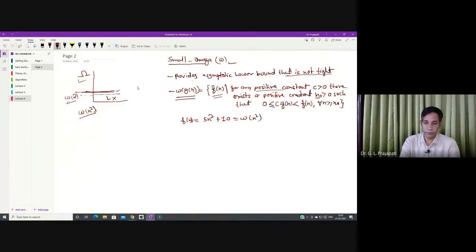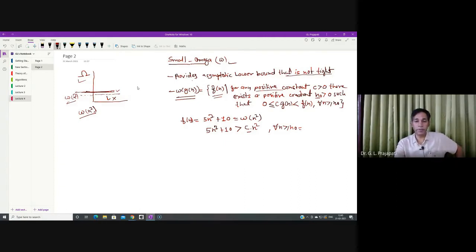If you want to write like this, then what you need to do is determine, for every positive constant C, the condition that f of n, meaning 5n square plus 10, should be greater than C into g of n, meaning n square. Now you must have some n0 for all n greater than or equal to n0, for every positive C.